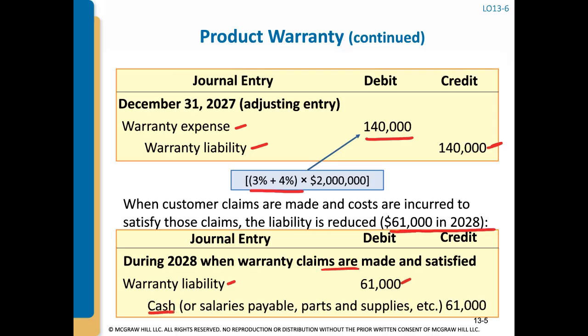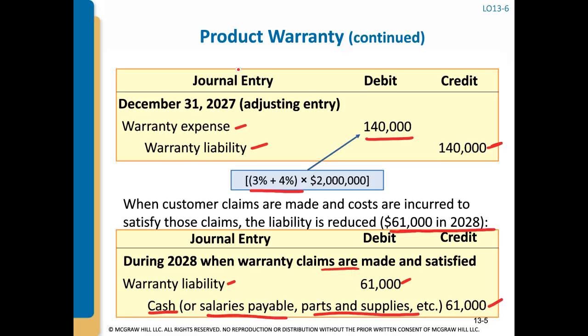And here we credit cash, right? If we had to pay out some money to the customer, then we're going to credit cash. If we had to just replace some parts in the computer, let's say, or the car, then we're going to credit parts and supplies.